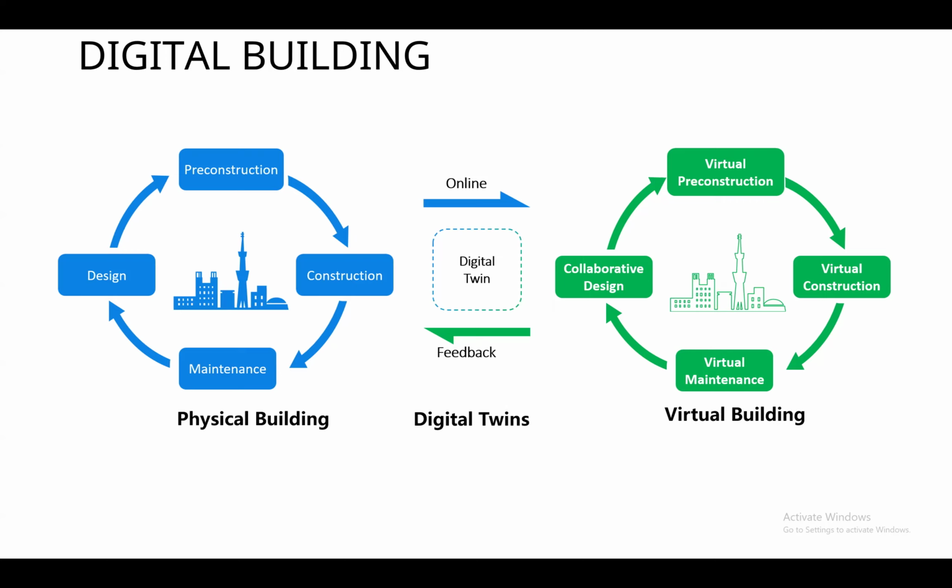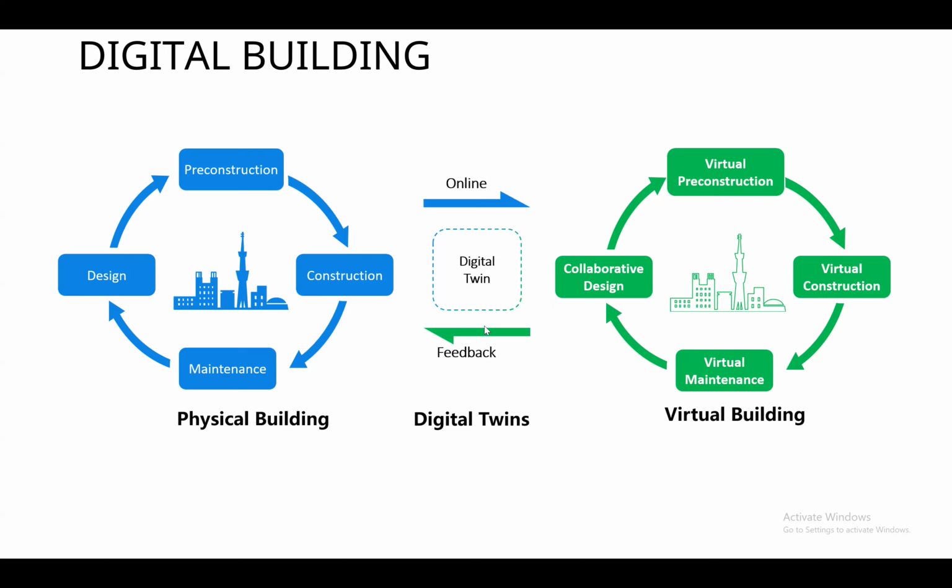We can feed that information into this digital building. Then we can analyze that information inside this digital building, and based on that analysis, we can make some adjustments to the physical building. So we can do virtual maintenance. We can do a lot of things by using this virtual building.